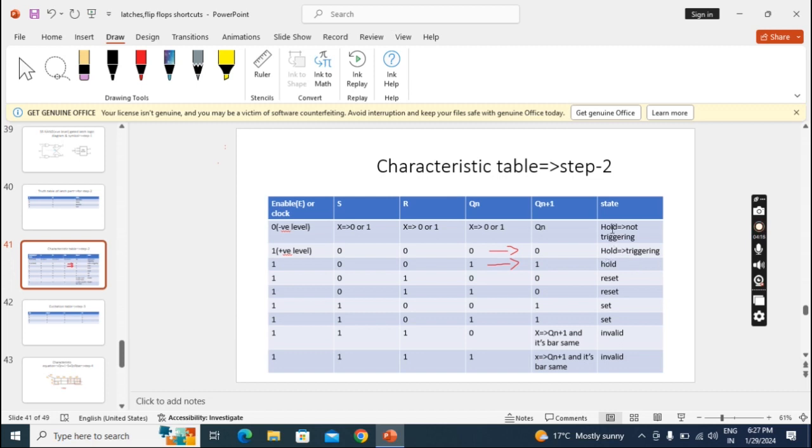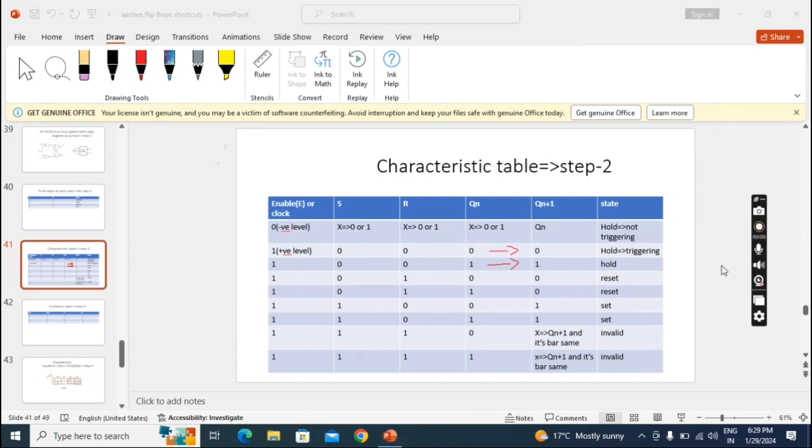This hold is happening because of no change in the circuit. No change means the circuit is not responding. However it is in the previous state like that only. But here it is responding, but it is giving the same output as the previous one. That is the meaning of triggering. Okay, that you have to observe.